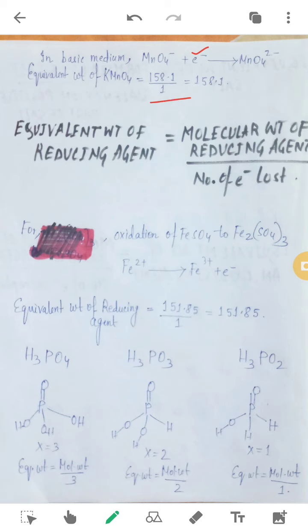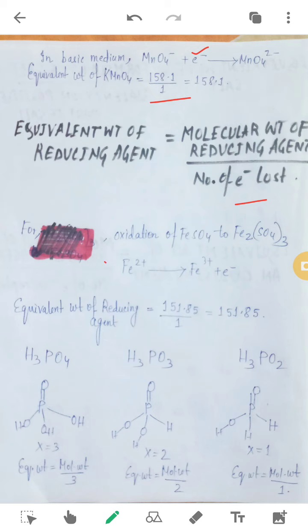Now, the equivalent weight of a reducing agent. We will find it in the same way: the molecular weight of the reducing agent divided by the number of electrons lost, because this is a reducing agent. They reduce others, but themselves get oxidized. So from here you will see that electrons are getting lost.